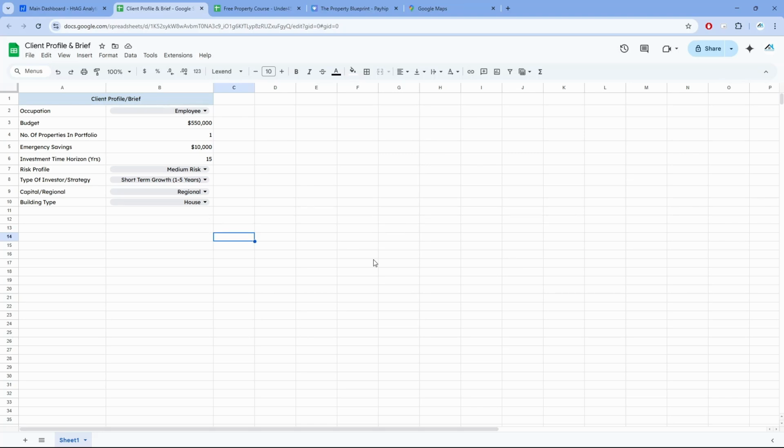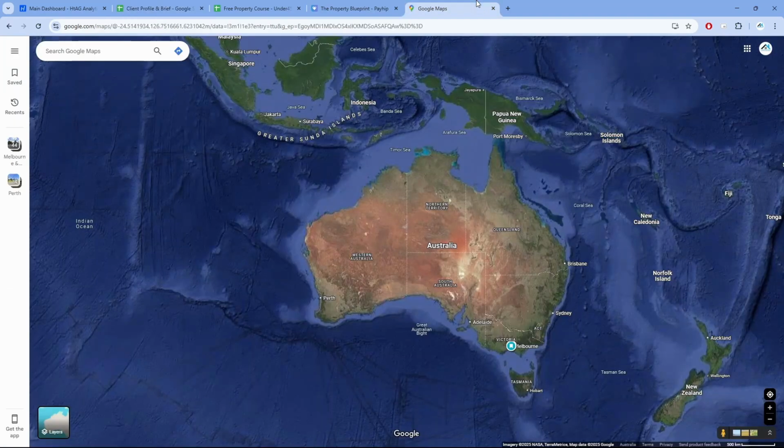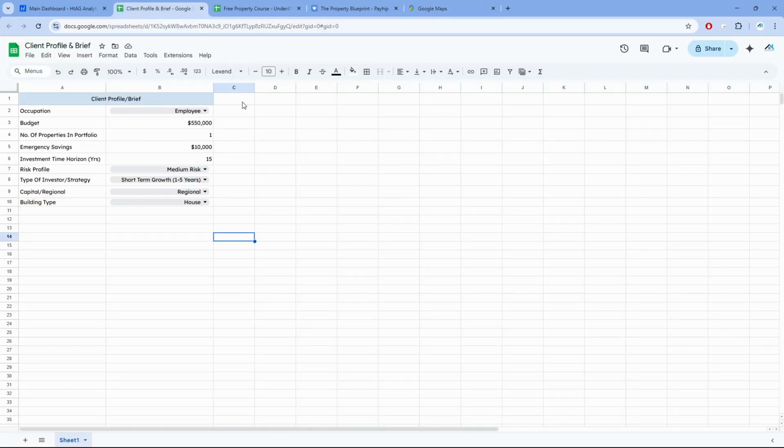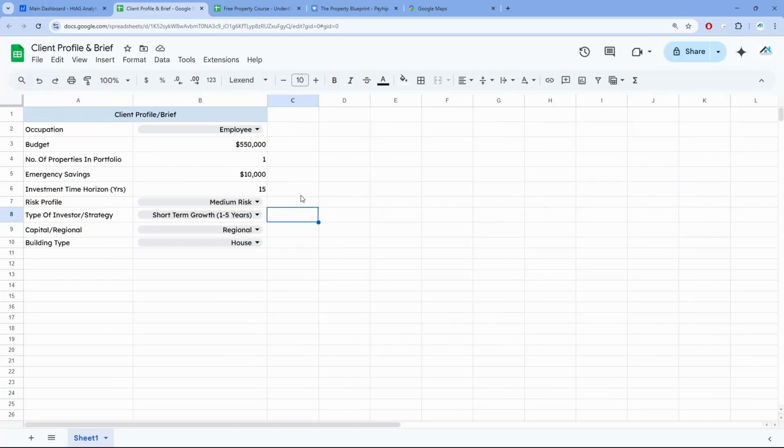It is not as simple as throwing a random dot on the map of Australia and picking the location. I'm going to teach you exactly how to identify your brief, risk profile, and strategy, and it's actually a lot simpler than you think. By the way, this is something I actively do with my consulting clients when they're looking to identify properties and locations to invest in.